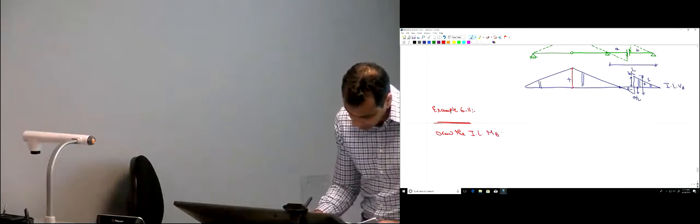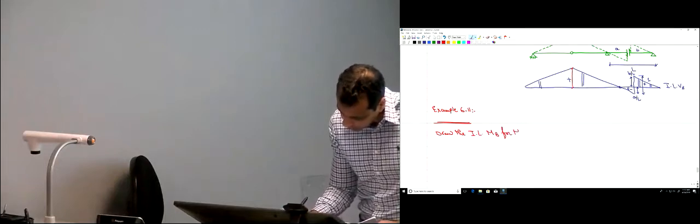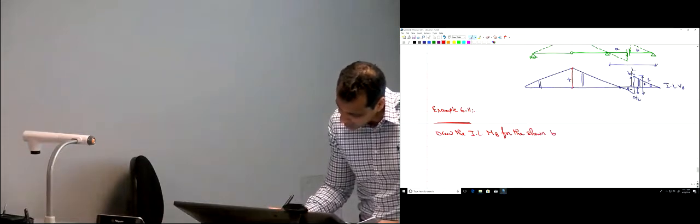So another example here, example 6.11. In example 6.11, we're required to draw the influence line for MB for the shown beams. So it's a set of beams.